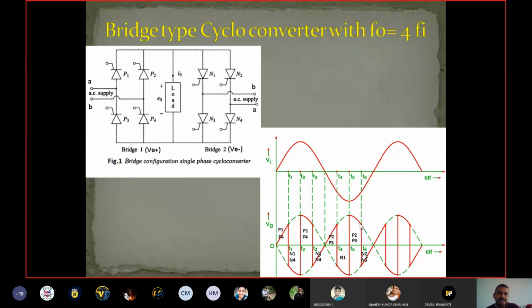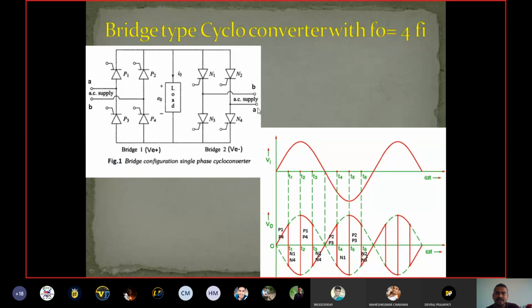Now at the instant of T6, we are making P2 and P3 off by force commutation, and at the same time we are making N2 and N3 on by giving the triggering pulse. Okay, so the path of current is positive B to N3, N3 to D, D to load, load to C, C to N2 and N2 to A, negative.